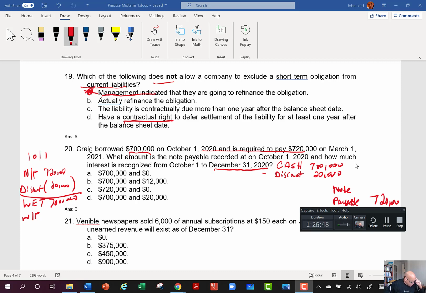Okay, let's take a look at this number 20. And we've got the situation where Craig borrowed $700,000 on October 1st, 2020, and is required to pay $720,000.